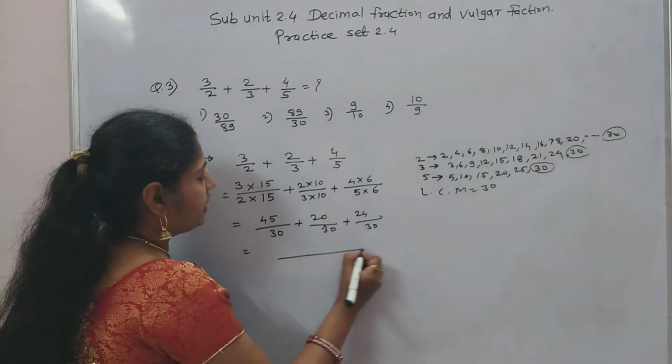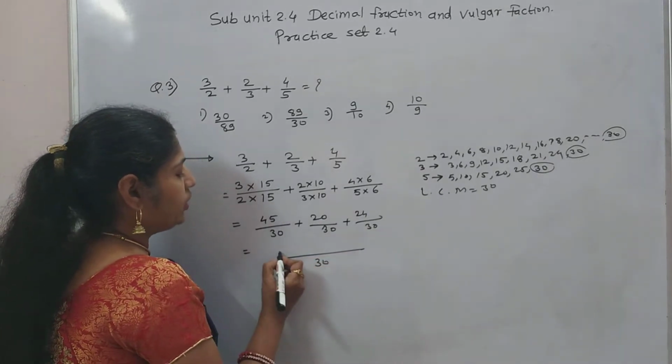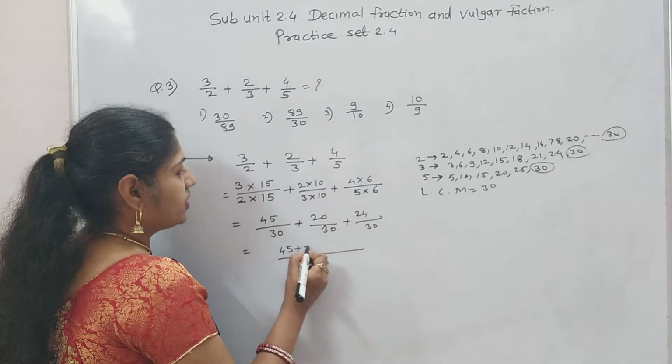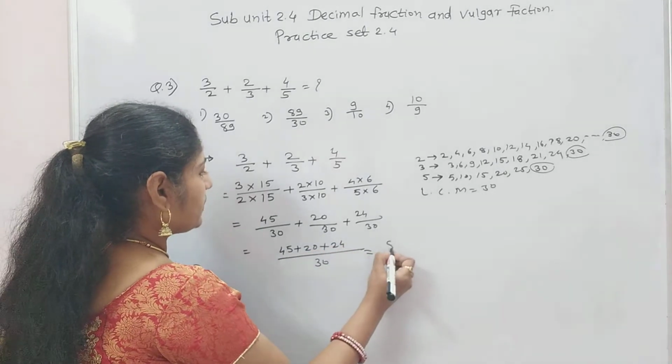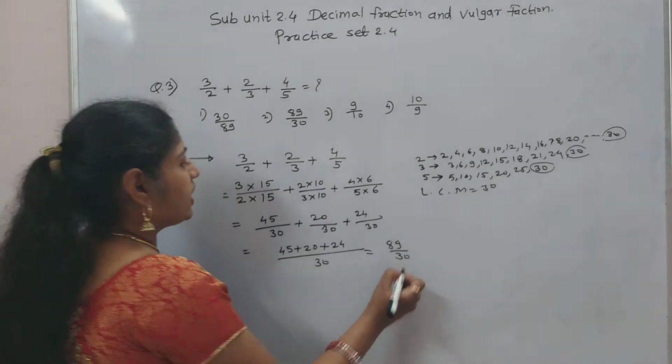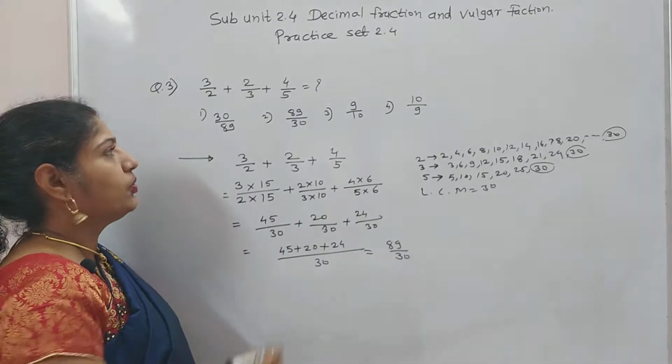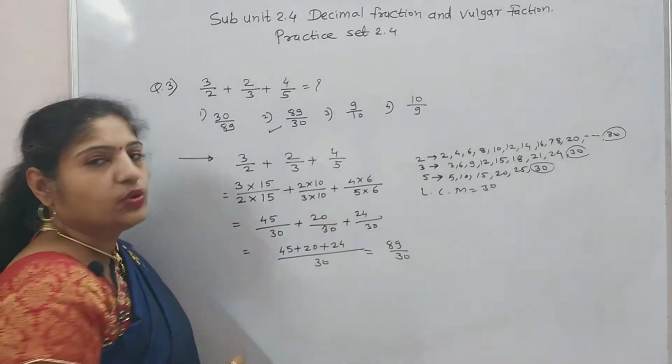Now the denominators are equal, so add only the numerators. 45 plus 20 plus 24, 89 upon 30. Our answer is 89 upon 30, option number 2.